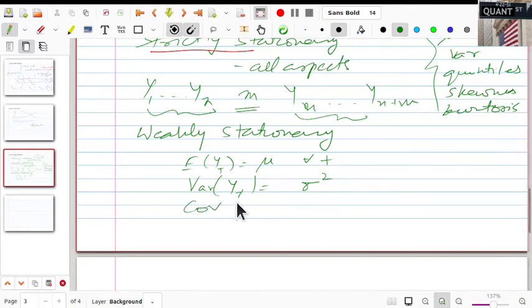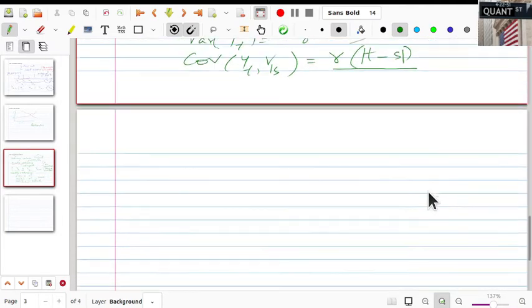And the covariance of yt and ys is defined by a certain function gamma, which takes as its parameter the shift from t to s, the difference between t and s. It's not constant but defined by this gamma function.